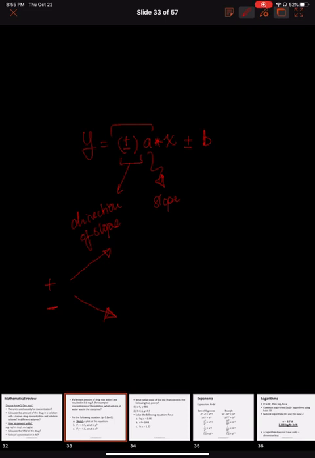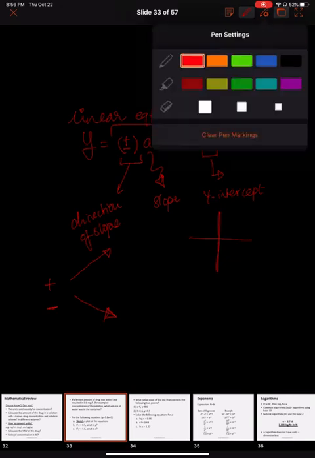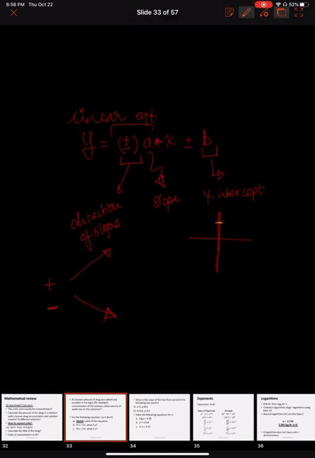So this is the slope, and b, according to this equation, which is again called a linear equation, is called the y-intercept, and it could be positive. This is the y axis. If it's positive, it would be here, right?